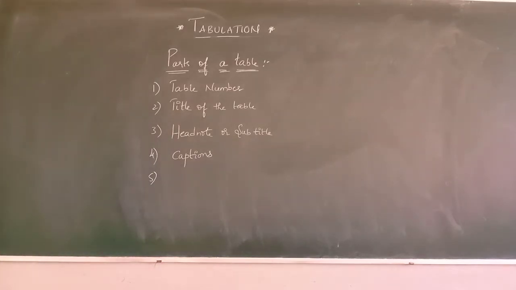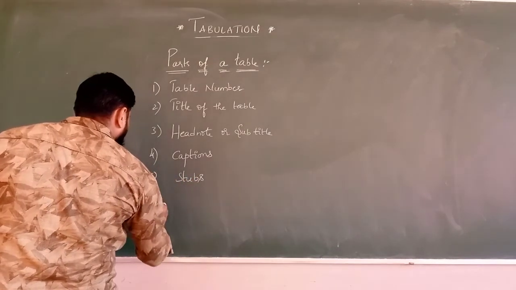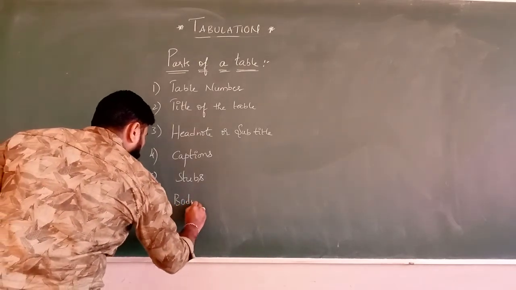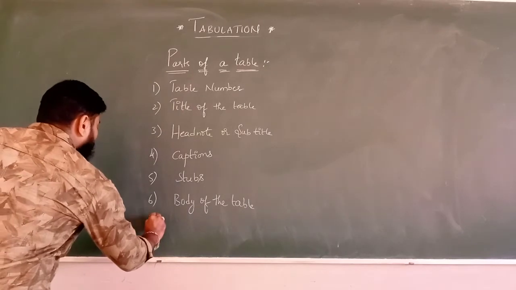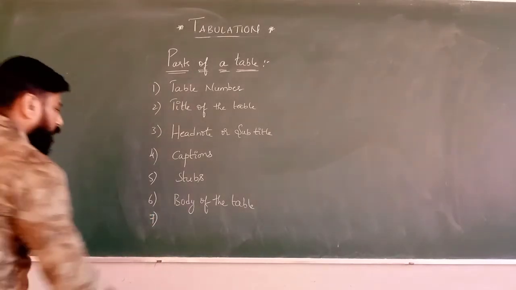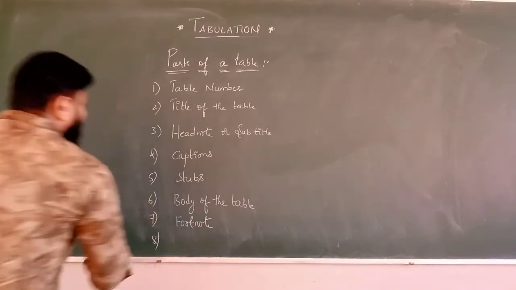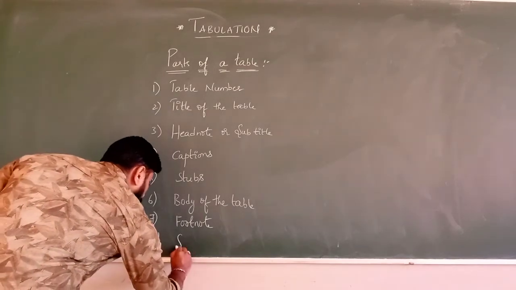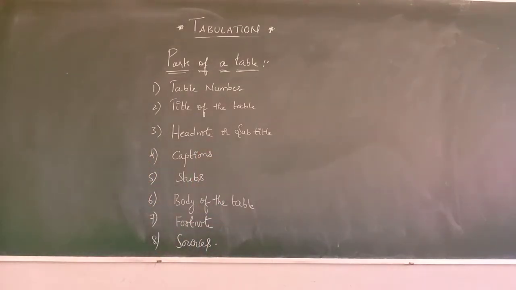Part number 5, stubs. Part number 6, body of the table. Part number 7, footnote. And part number 8, sources. These are all the parts of a table.